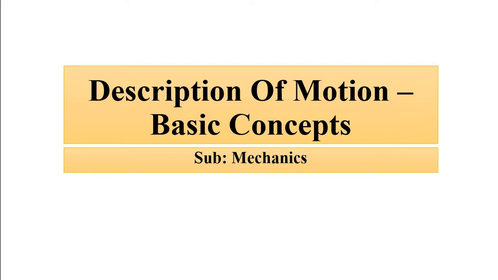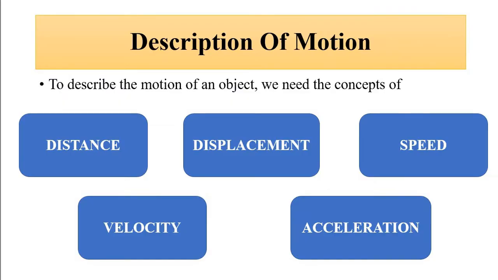So the various parameters that are required, the various concepts that we need to understand before we study motion, rest and motion. When we say motion, rest is already implied, because it is from rest that we start things and then we describe motion.